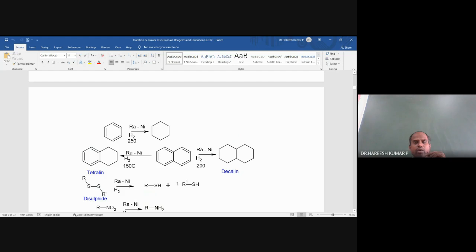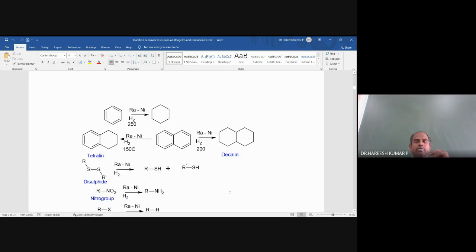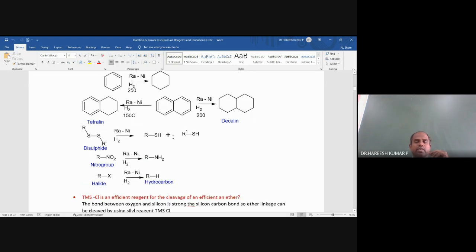So that is the Raney nickel application in organic synthesis. Olefins or double bonds can be converted into saturated, triple bonds can be converted into saturated, aromatic compounds converted into cycloalkane products, disulfides converted into thiols, nitro compounds converted into amino, and halides converted into hydrocarbon.